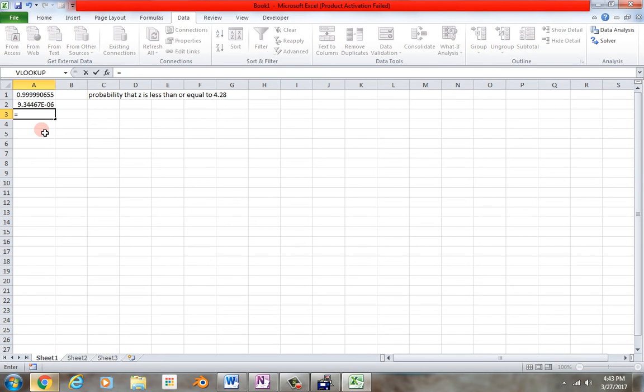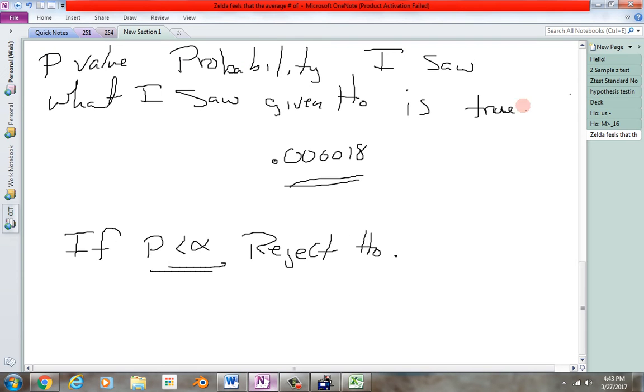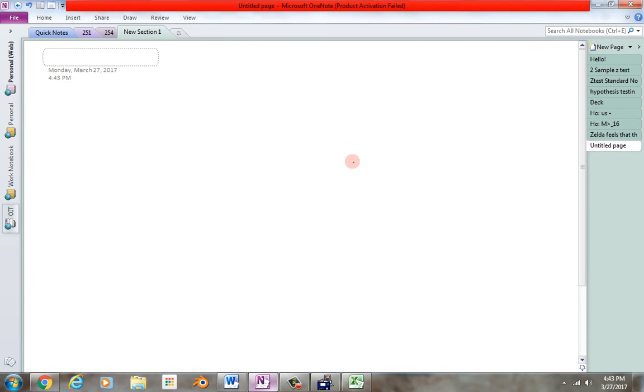So if you take that guy times 2, you will get the p-value we just found a second ago. So that's 0.000018, yada, yada, yada, decimal places being part of it. The fact that it's e minus 5 tells me I'm rejecting H naught. That's huge. Okay? All right, let's do another one here.